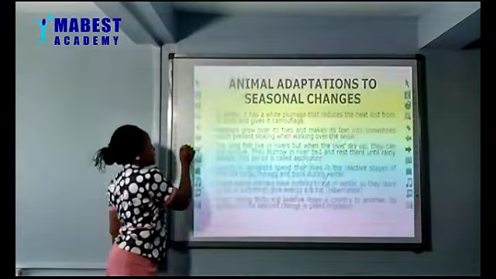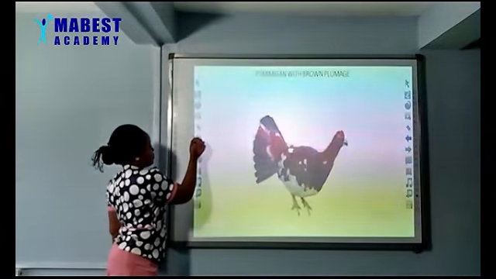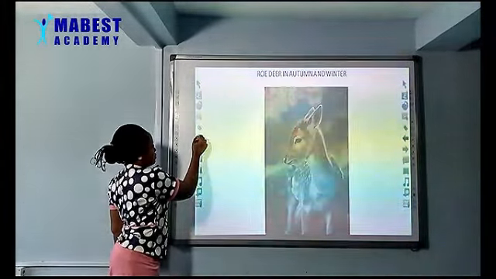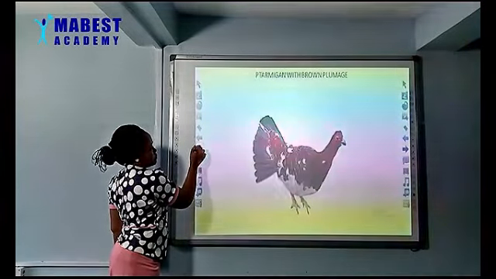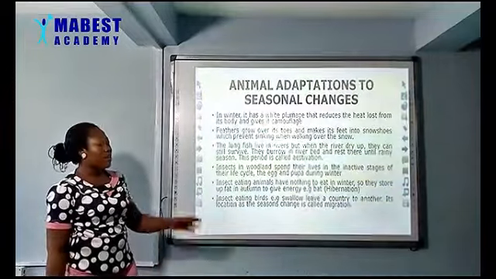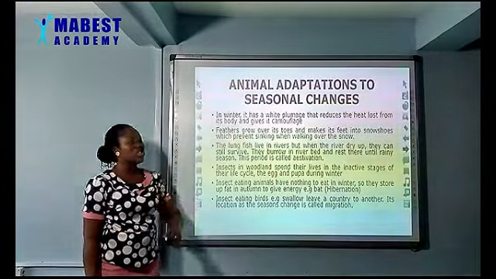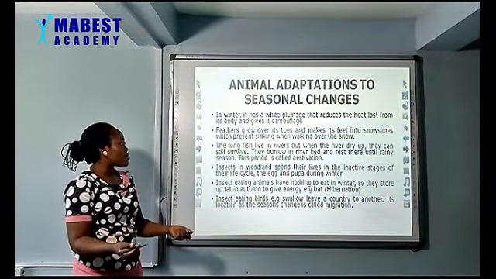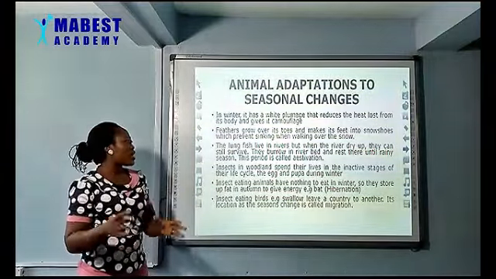Then the next one is the white one. Okay, the white one, they have white plumage. It helps to reduce heat loss and also helps them to camouflage.